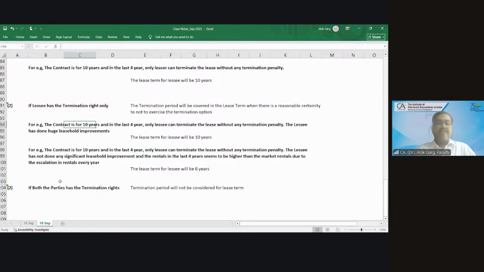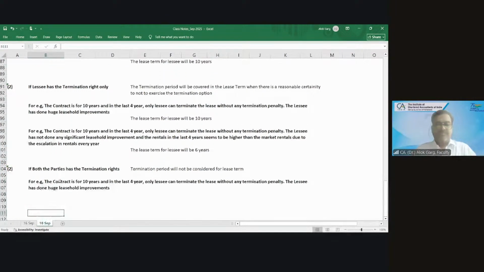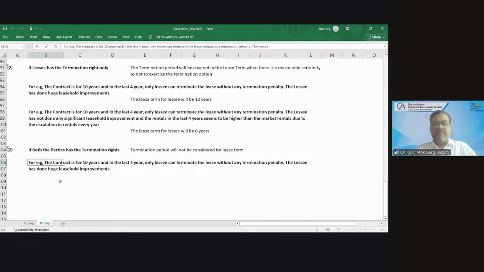For lease term, let's take this example. And in the last 4 years, the lessor and lessee can terminate the lease without any termination penalty.